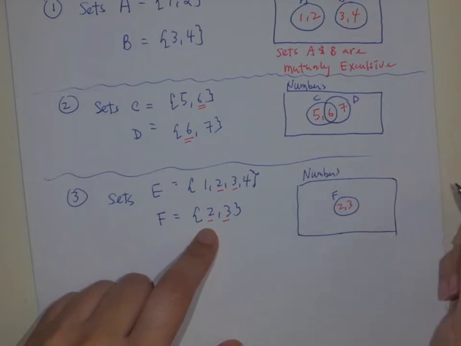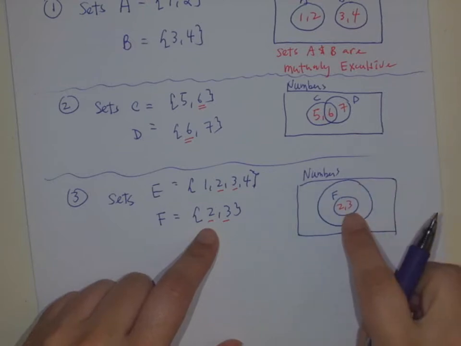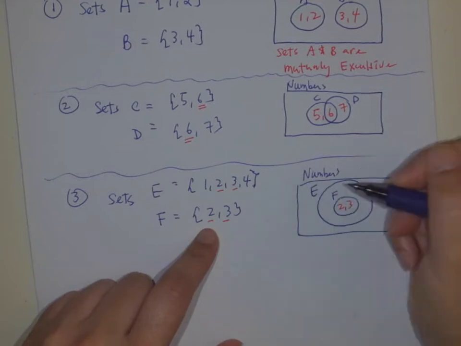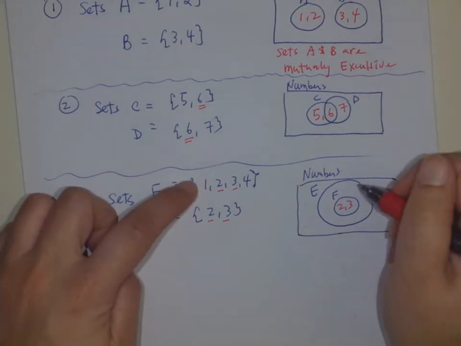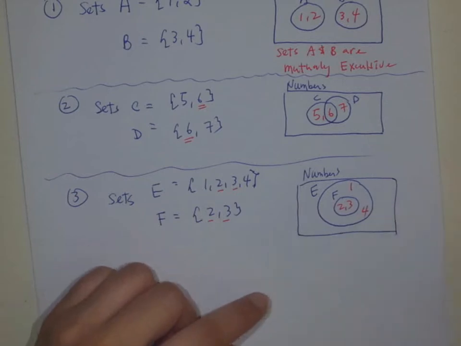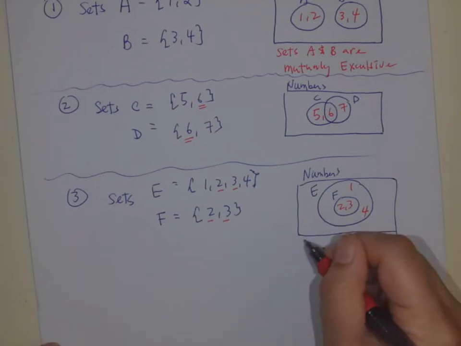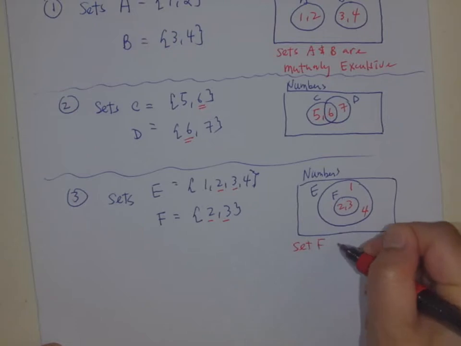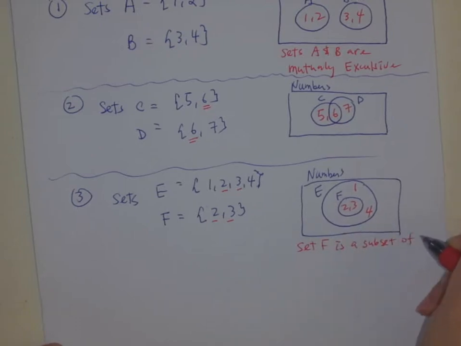But then set E is actually including everything in set F, so F is within the circle of E. I'm still missing 1 and I also need 4, right? So this will represent the two sets. So we can say F is a subset of E. Set F is a subset of E.